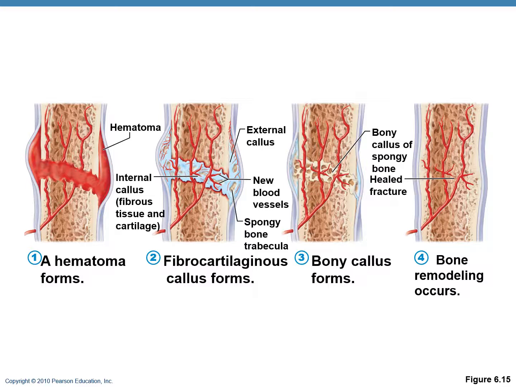So we have ossification of the tissue that's laid down here. And then finally, bone remodeling occurs. And oftentimes you're going to have some signs of where a fracture has occurred in the past. There might be a slightly altered appearance to the bone, a slight thickening where that fracture occurred.